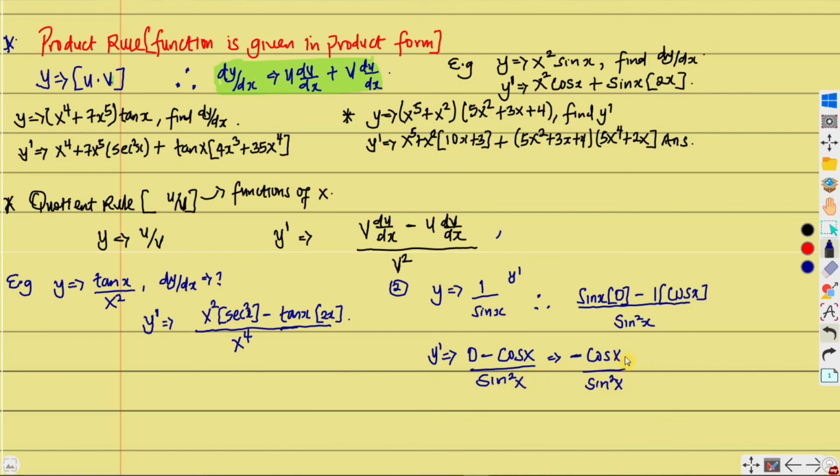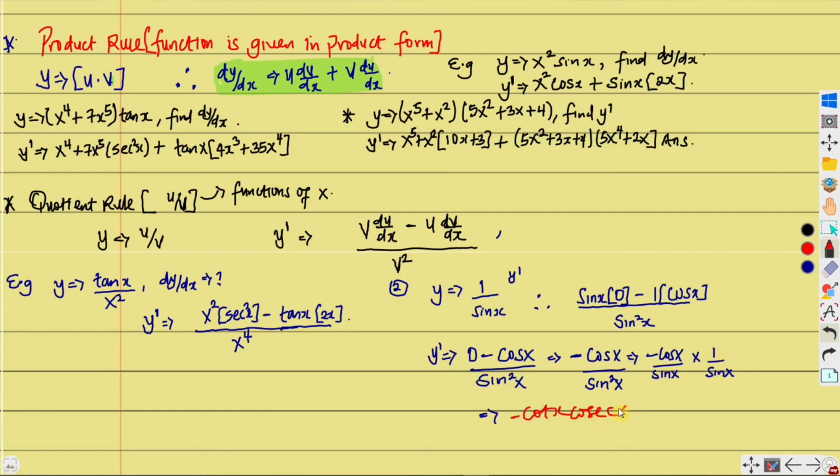You can simplify this from your trigonometric knowledge: negative cos x over sine squared x is the same as saying negative cos x over sine x times 1 over sine x, since sine x times sine x is sine squared x. So the final answer: cos x divided by sine x is cot x, and 1 over sine x is cosec x, giving negative cot x cosec x.